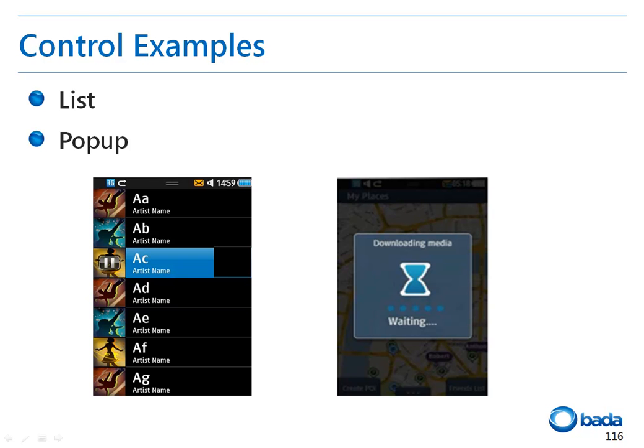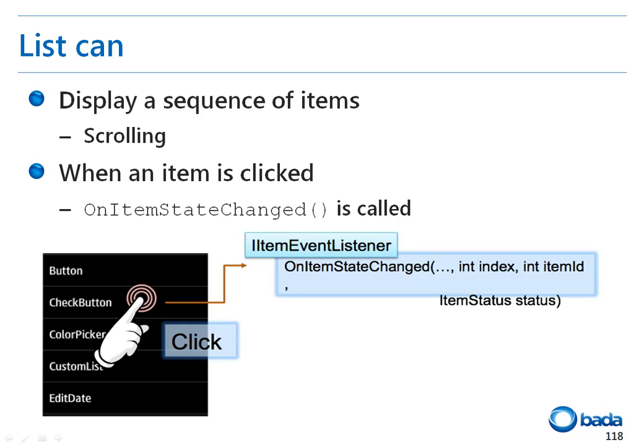Each of these list types will be explained in detail. The common feature of these lists is that they show multiple items in a sequence, and if an item is selected, the onItemStateChanged function is called to notify the program of the selection.